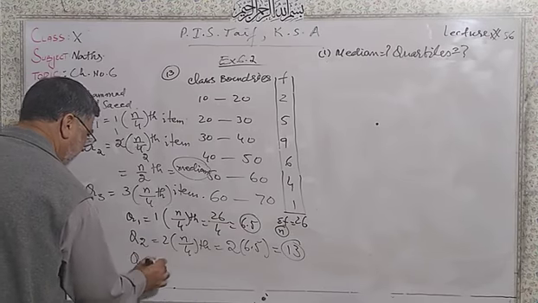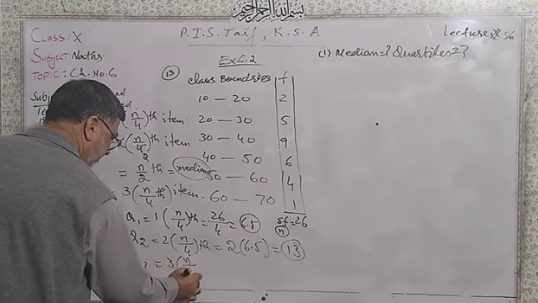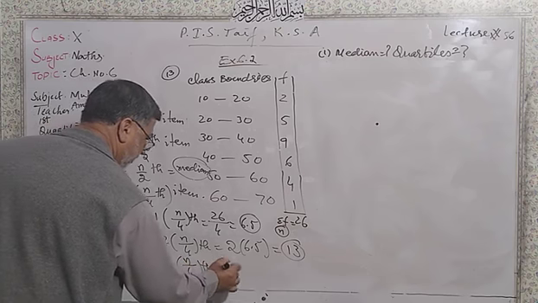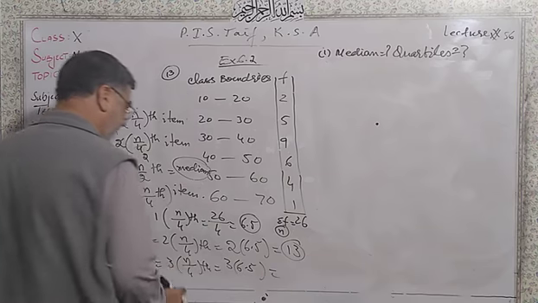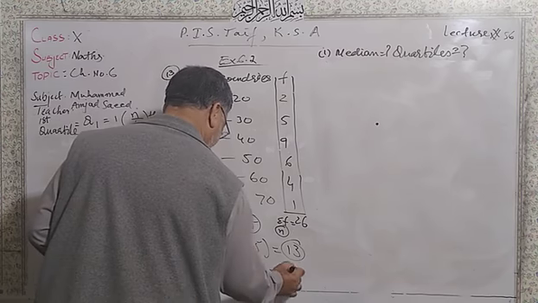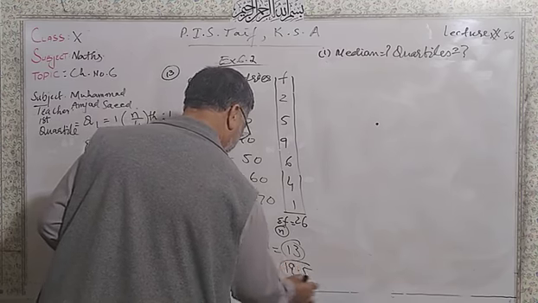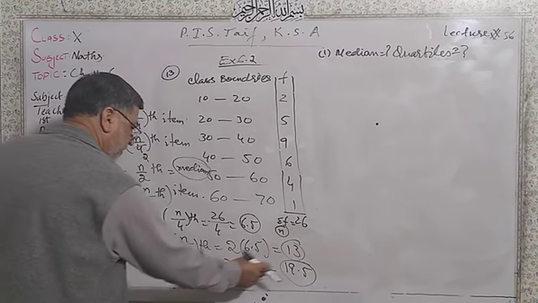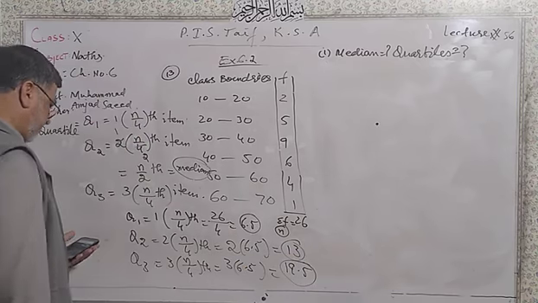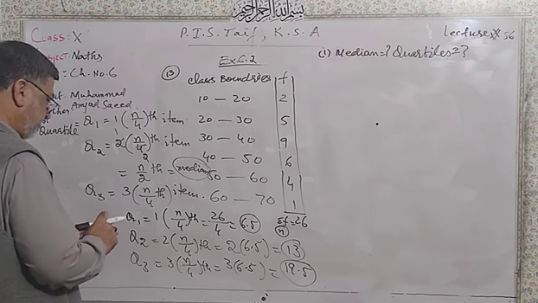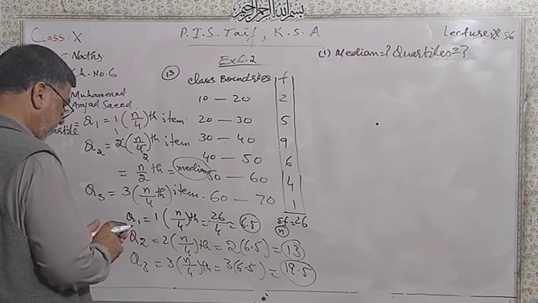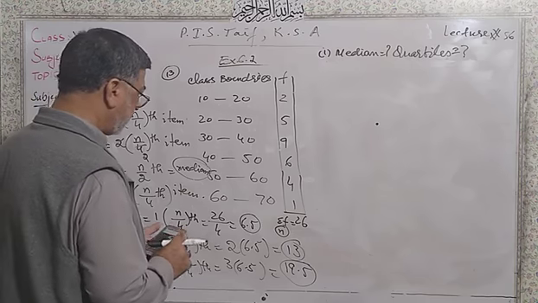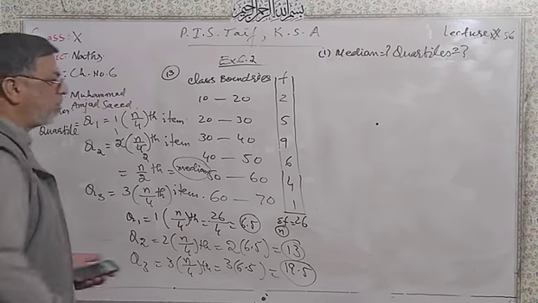And Q3 is 3 into n by 4, 3 into 6.5, that will be 19.5. Yes. These are Q1, Q2, Q3.